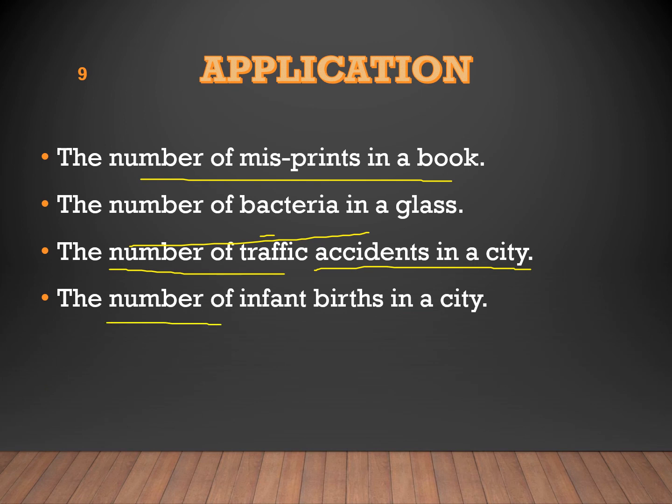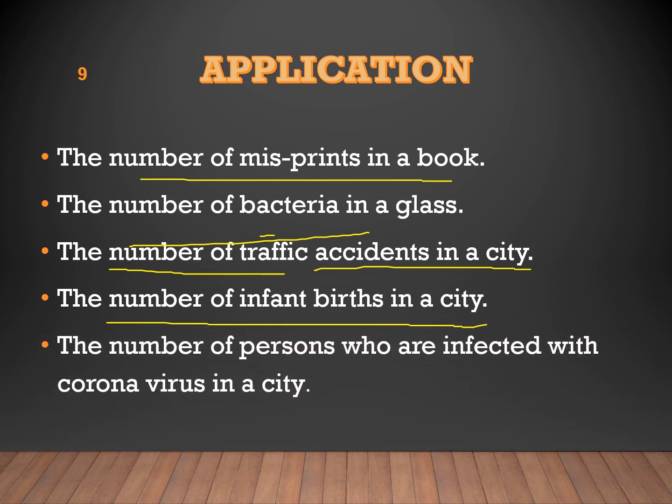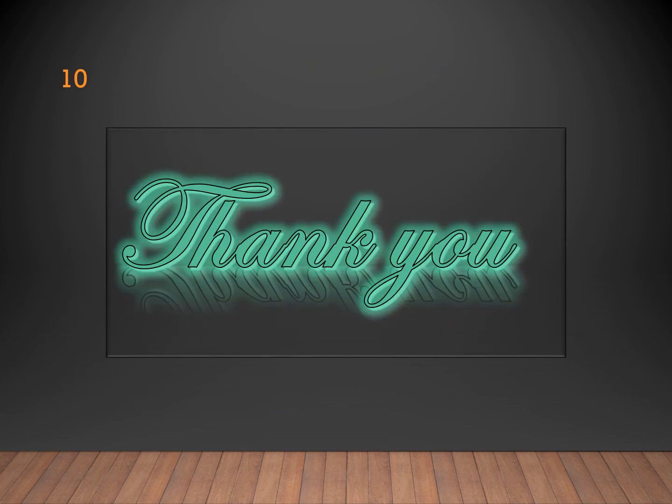The number of infected persons in a city. The number of persons who are infected with coronavirus in a city. All these are examples of Poisson distribution. Thank you, students.